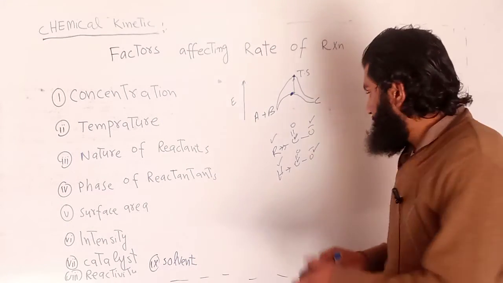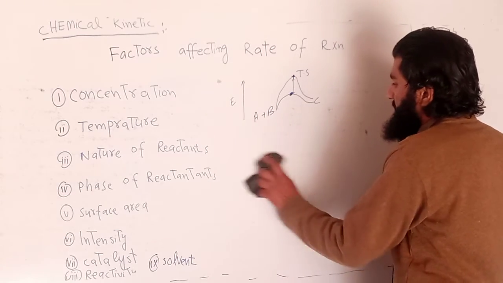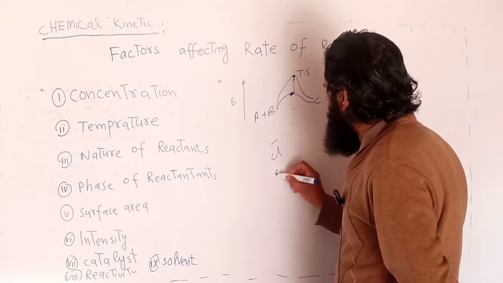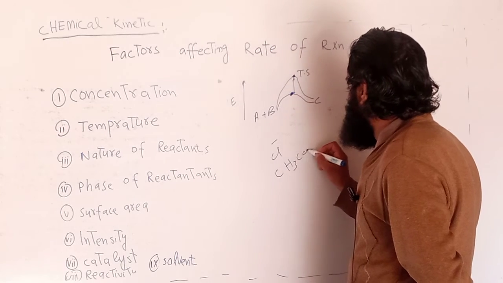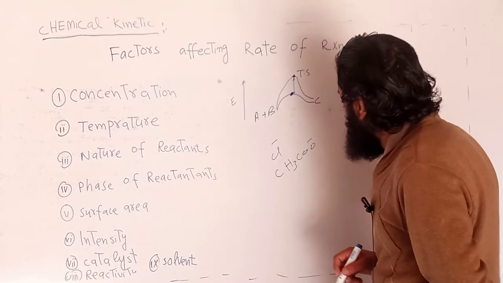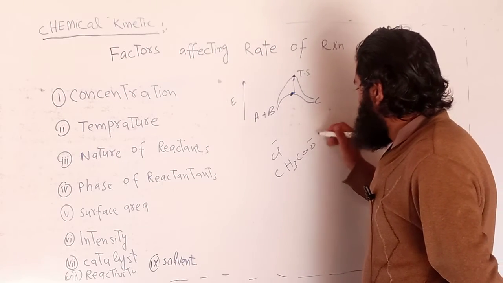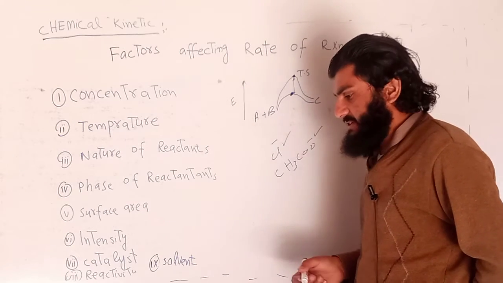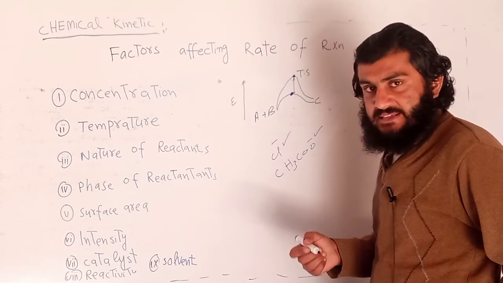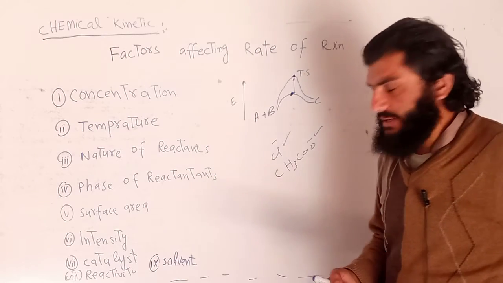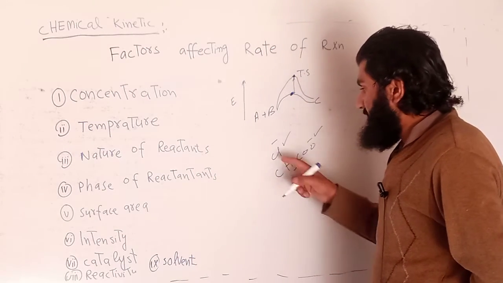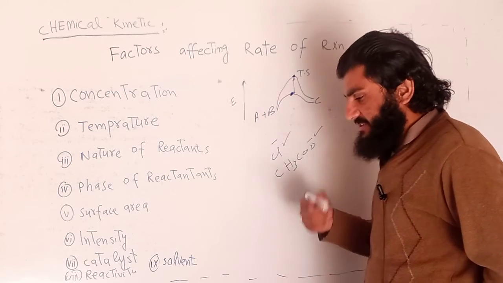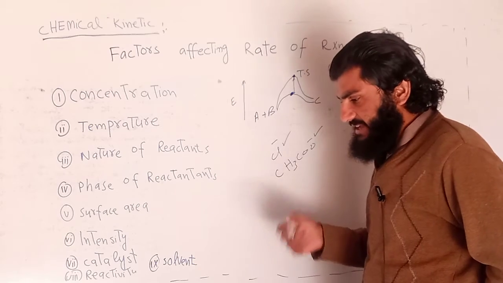Another example: if we take Cl negative and CH3COO negative. This is the conjugate base of acetic acid and this is the conjugate base of HCl.